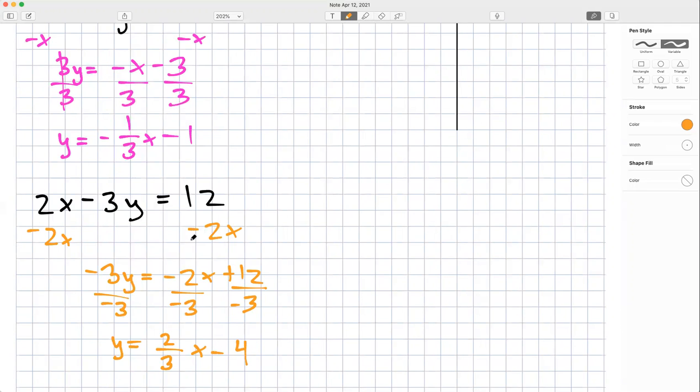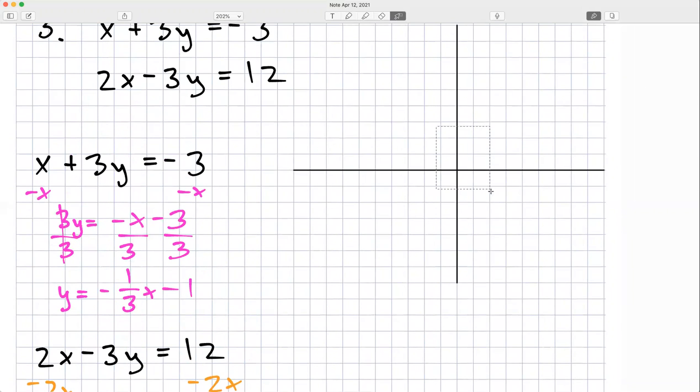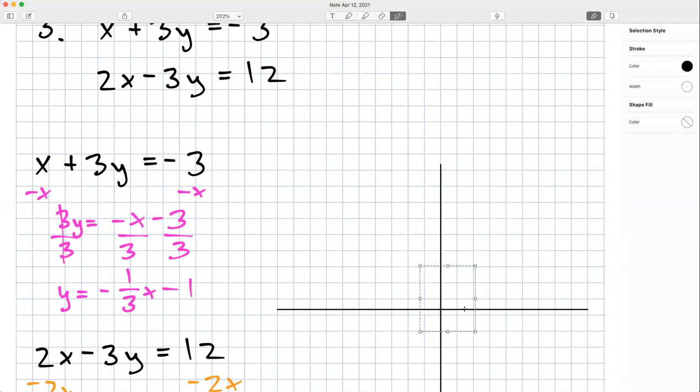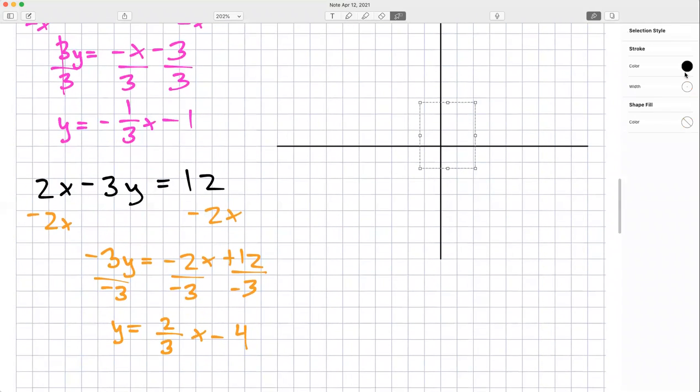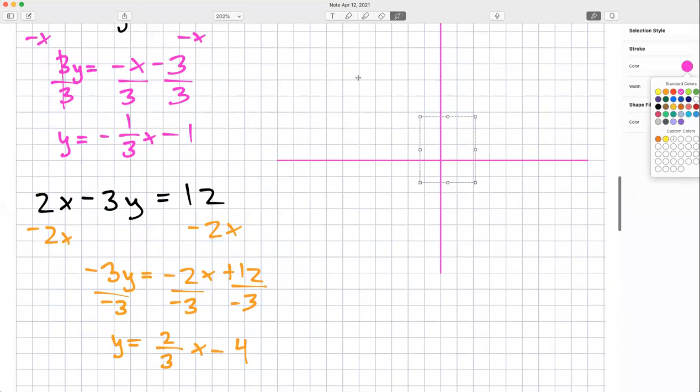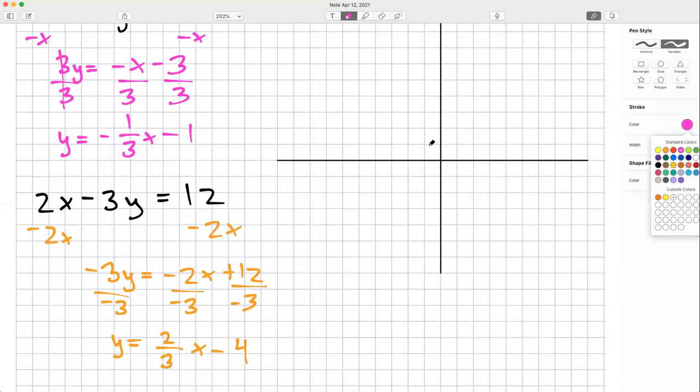Okay, so what we're going to do now is actually bring this down so that we can see our graph with our equations. So in pink, we're going to graph this one, -1/3 x minus 1.